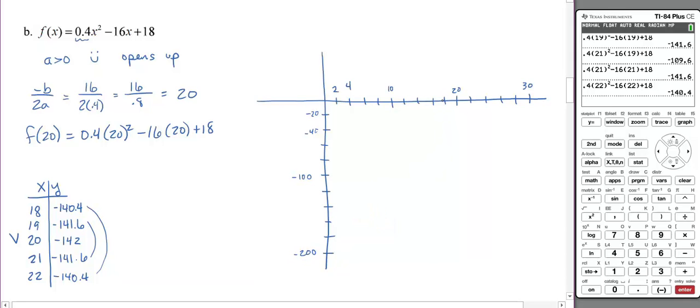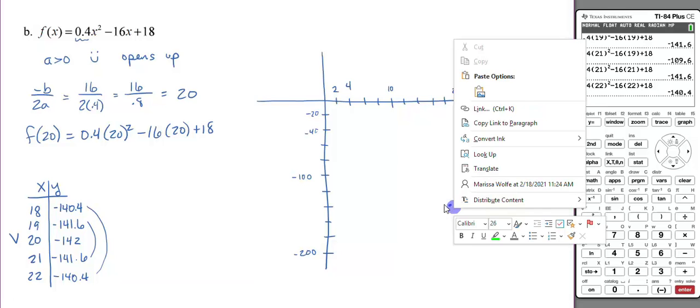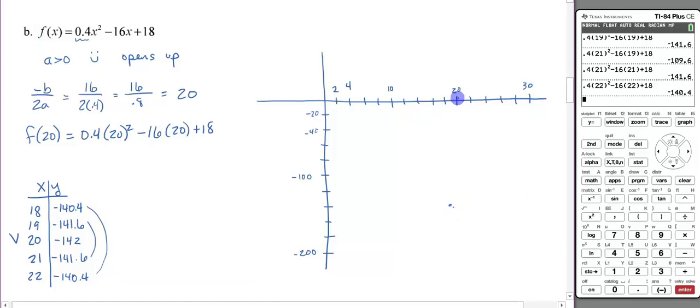So I have an 18, negative 140.4, and I have a 19, negative 141.6, and then I have 20, negative 142, 21, and 22, those points there.